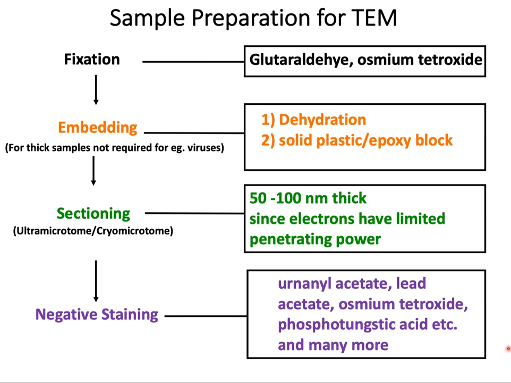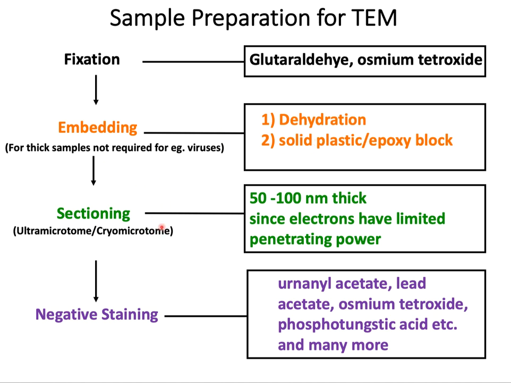The second step is embedding, and the specimen must be sectioned much thinner than the light microscopy because the penetrating power of electrons is much lower than light. So the layer has to be much thinner for the electrons to get through the specimen and be detected on the computer screen. Embedding is done by dehydration of the sample, and the sample is encased in a solid plastic block.